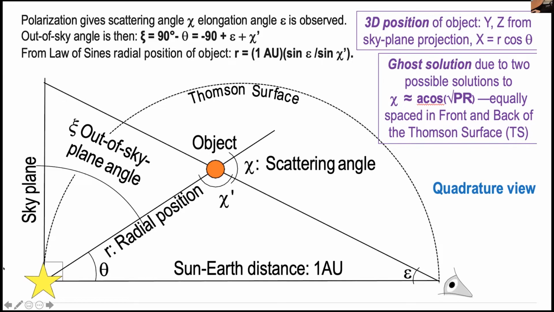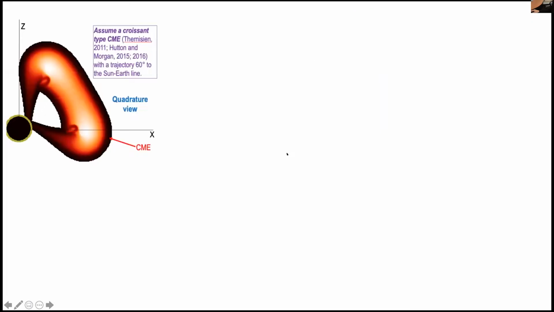The ghost solutions are the exact reflection across the sky plane, because when you're close in, the scattering surface, known as the Thomson surface, which is really just the locus of all the intersections of the line of sight with the closest approach to the sun, is pretty much just straight up and down, but then it starts to curve out. So let me show you a couple of examples of how that impacts your interpretation and understanding.